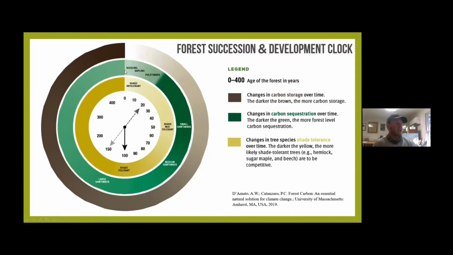So here at year 0, let's say it's after a clear cut, or let's say it's after some big disturbance event, it's sequestering very little carbon. Here at year 30 through really like year 70, year 80, is really, really intense carbon sequestration. And so that's when you have this young forest, it's growing really, really fast, and it's pulling a lot of carbon out of the air, right?